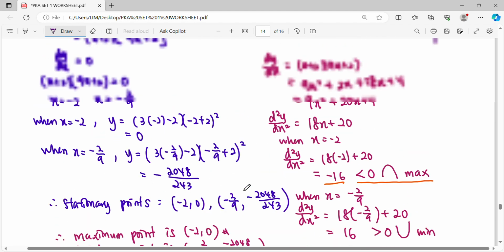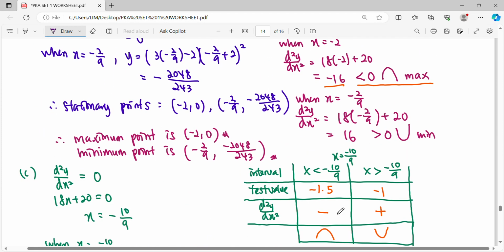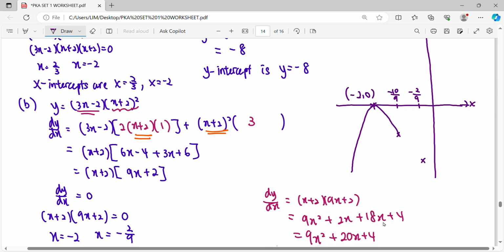Okay. So let's say this is the most minimum point. So go up. Before the inflection point, concave downward. After the inflection point, concave upward. Intercept at y = -8.